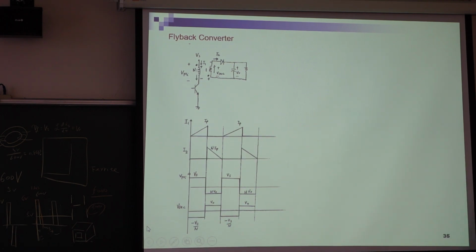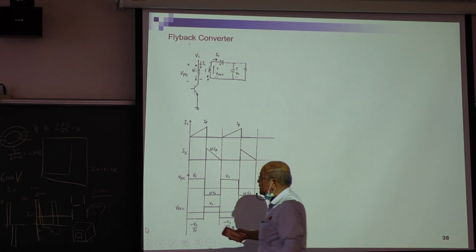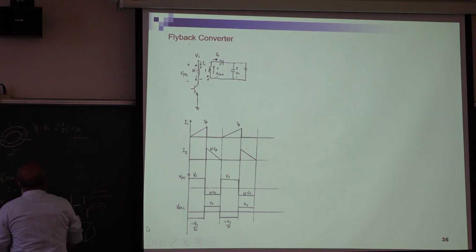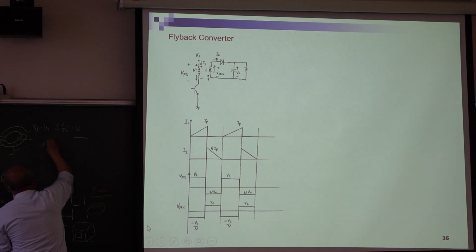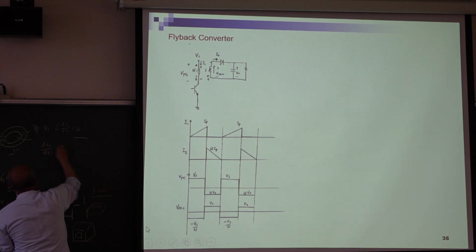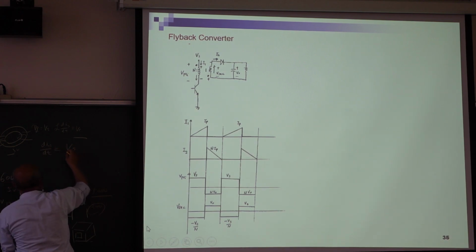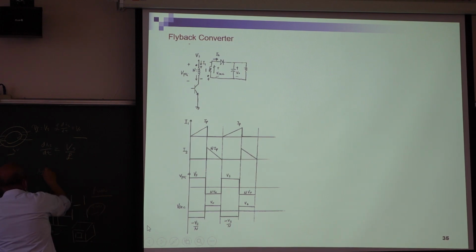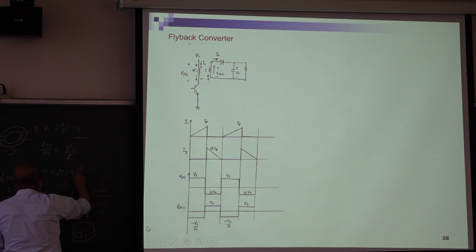So you can calculate di/dt. di/dt is equal to Vs divided by L. I is equal to the initial value plus Vs/L multiplied by T.